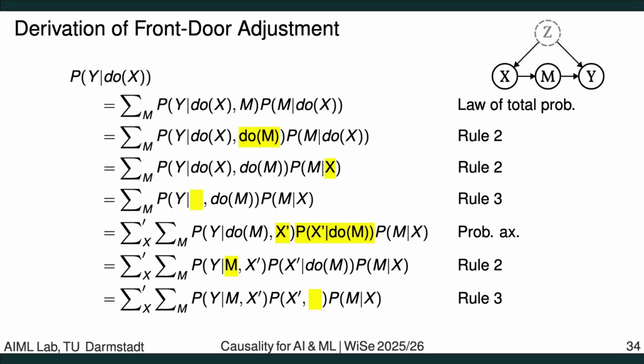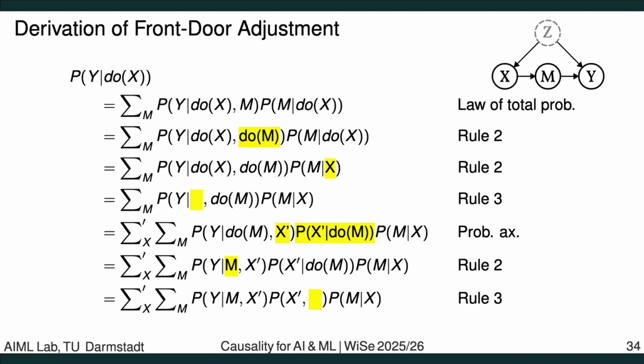Yeah, and then we do really just this chain, and I fear there is no general rule of thumb how to apply all these transforms, right? So sometimes you have to introduce a do operator. Here we can then remove this do x and so on.